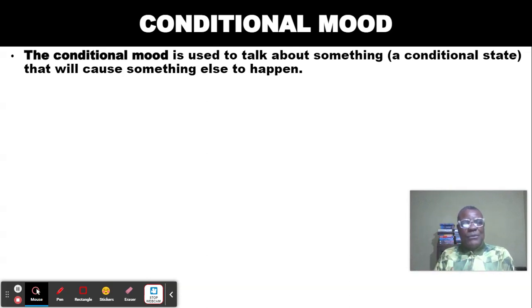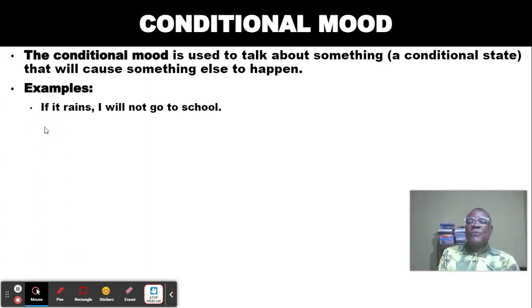If this happens, then this will happen, that is a conditional state, and that is the conditional mood. There's something we call the conditional clause, or the if clause, if you like. If this happens, that will happen. That's the conditional mood. Okay, let's look at examples.